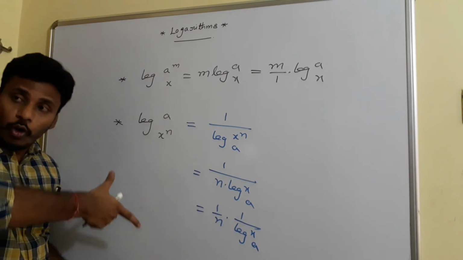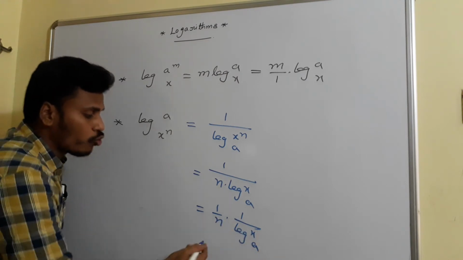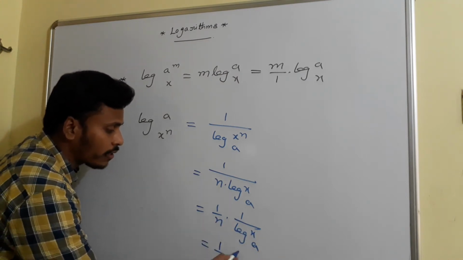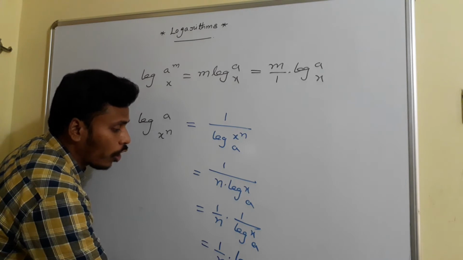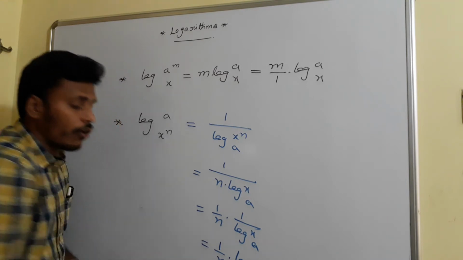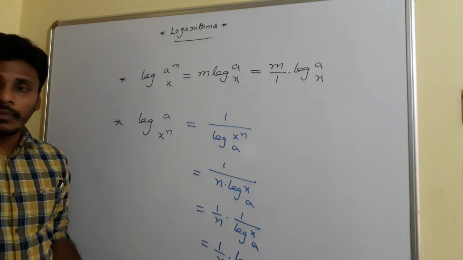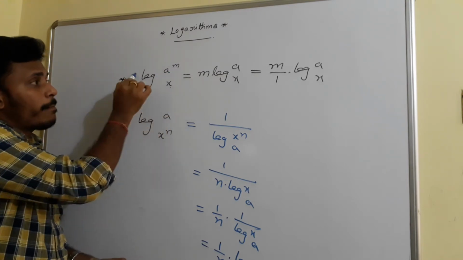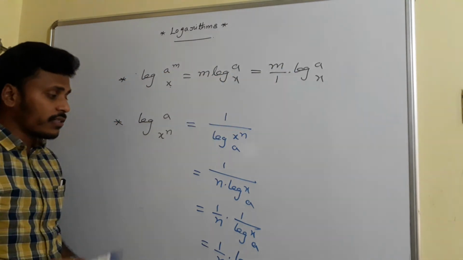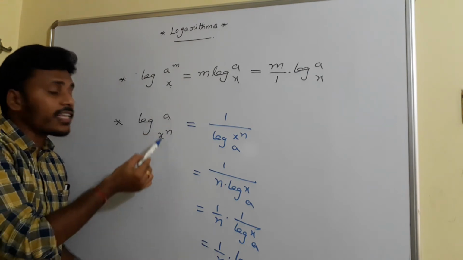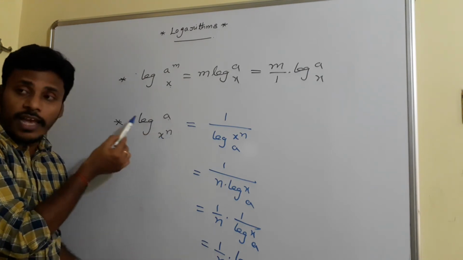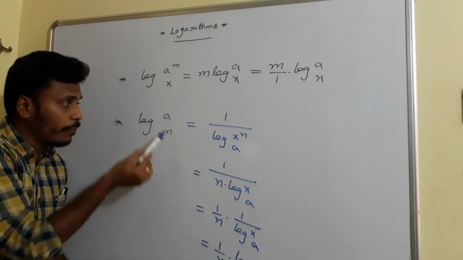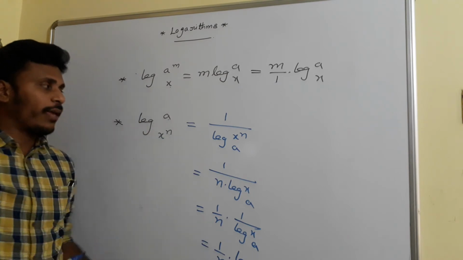So you take the reciprocal and interchange these two positions. It can be written as 1 by n into log a base x. Now have a look at this position. Log a power m base x is equal to m by 1 into log a base x, whereas log a base x power n is equal to, if you send this n out, it becomes 1 by n into log a base x.